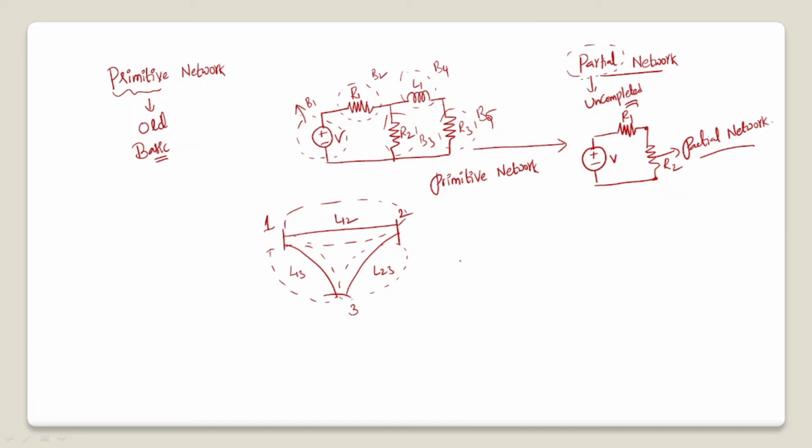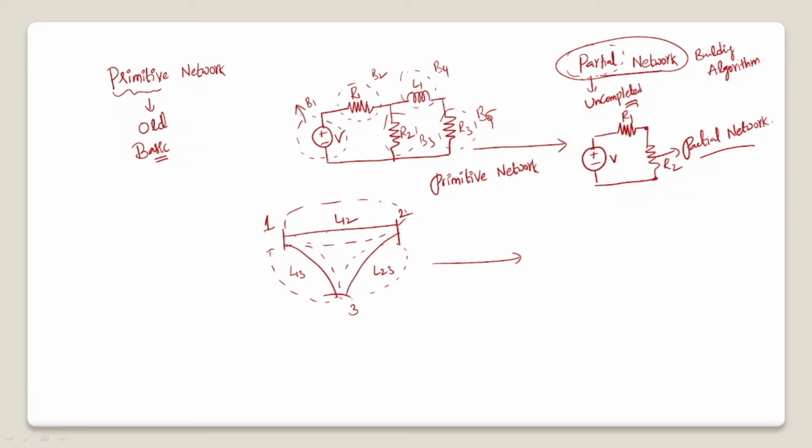Now, considering this example and the power system scenario, this partial network concept is basically used in the building algorithm for obtaining the Z bus matrix of a power system network. There we have used the concept of partial network.